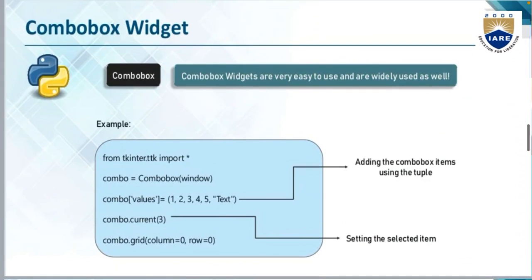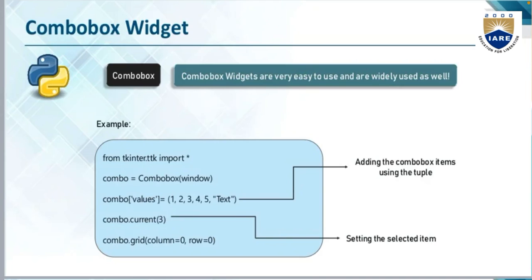And next is the combo box widget. Combo box widgets are very easy to use and are widely used as well. For example, the syntax goes like this: from techtalk.tk import star, and star will import everything from the techtalk module. Combo is equal to combo box of window. Window is the window we defined earlier.